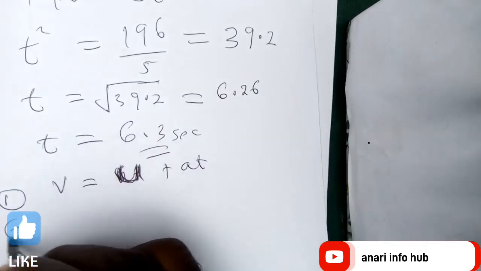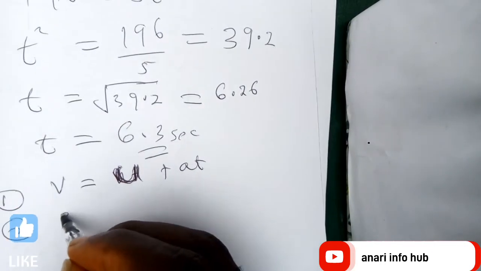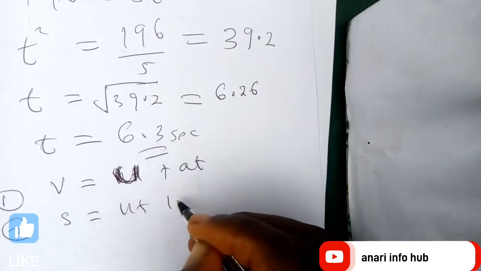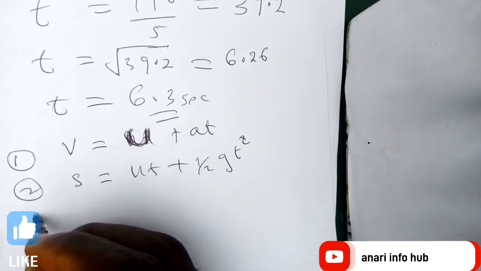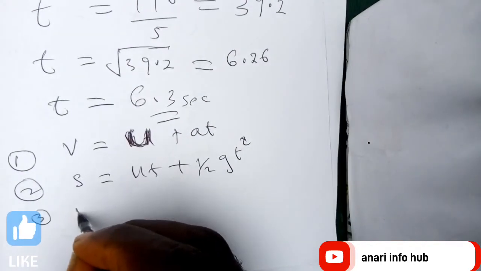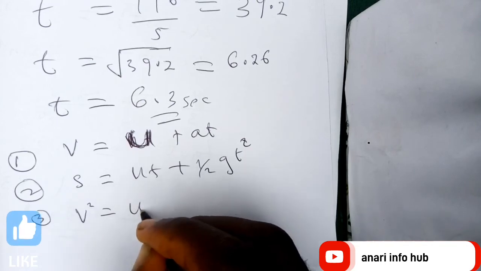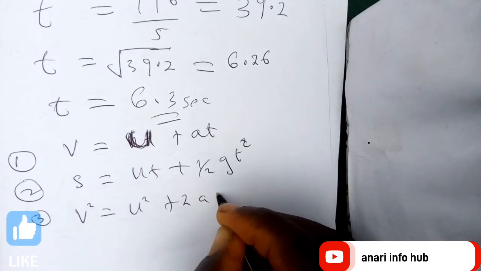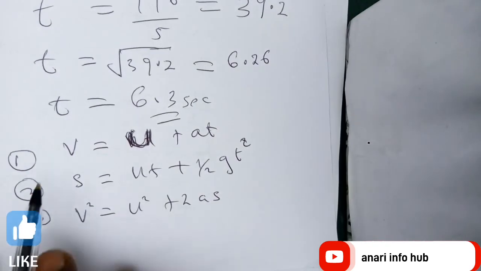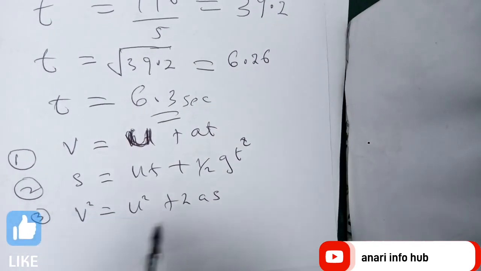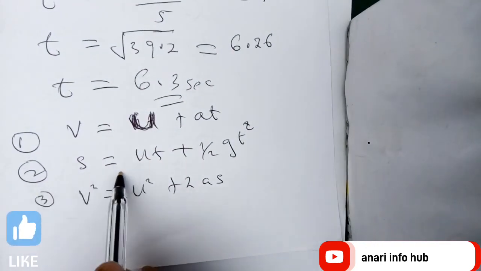Number 2, S equals ut plus half gt squared. The third one says v squared equals u squared plus 2as. So these are the equations of motion, and for the sake of this problem, this is the one we use.